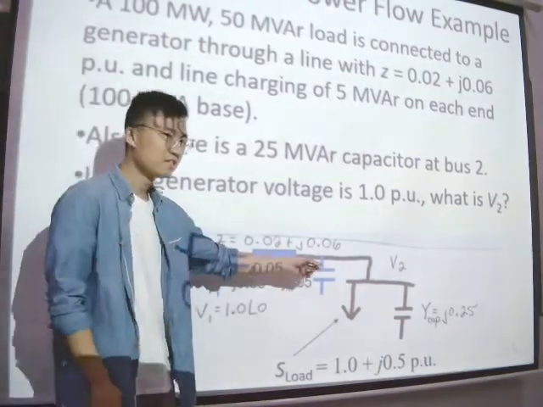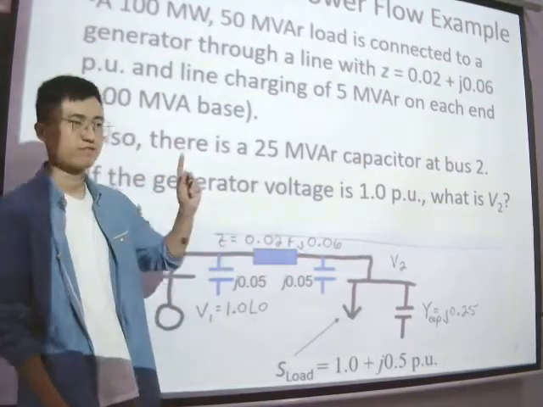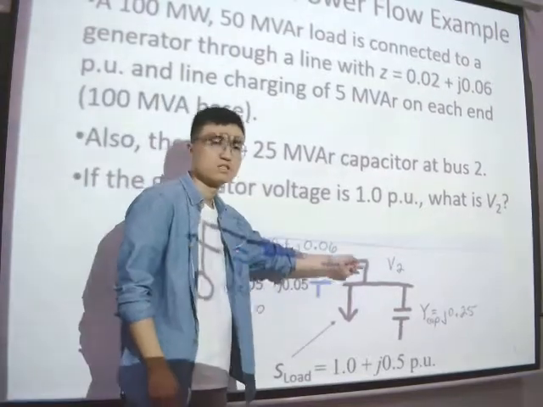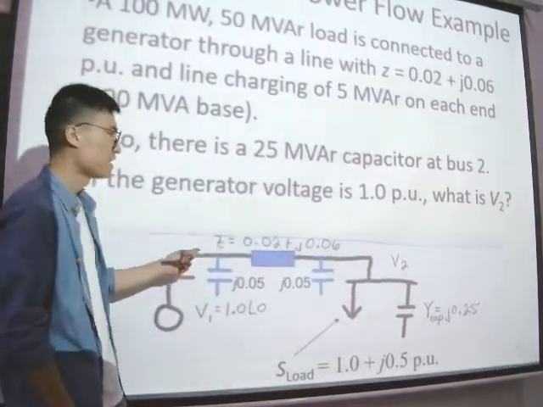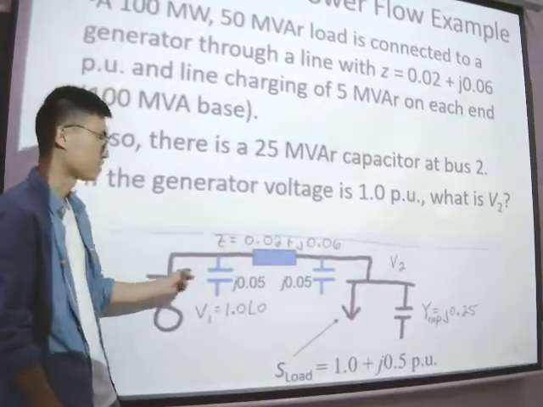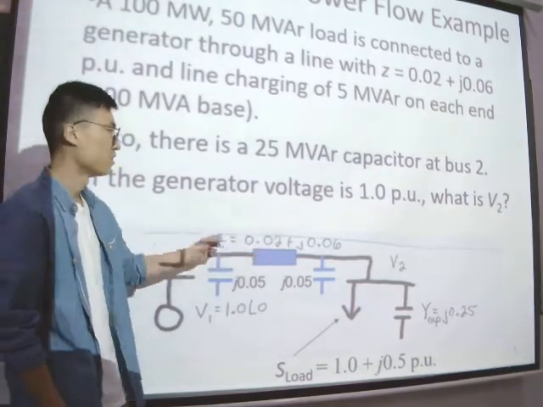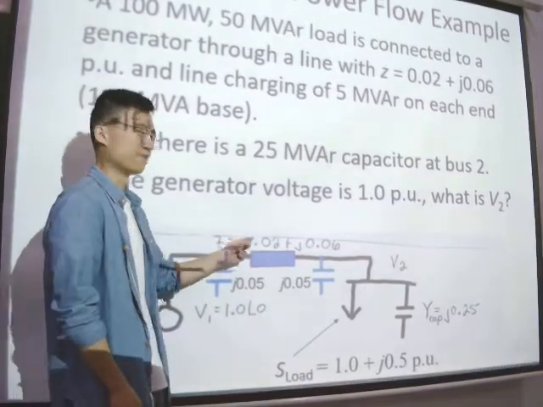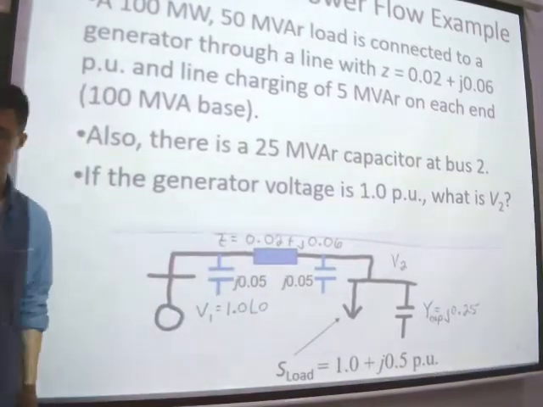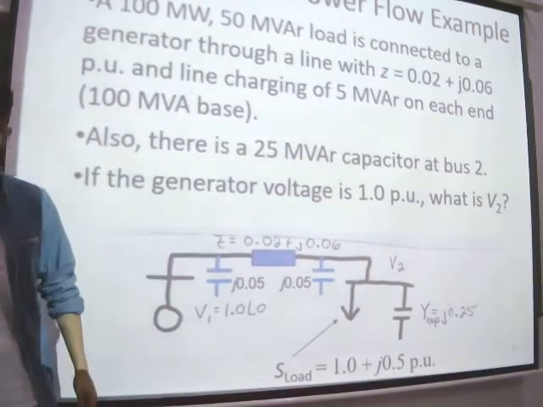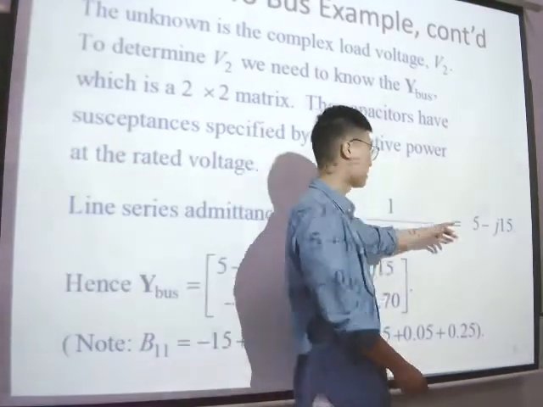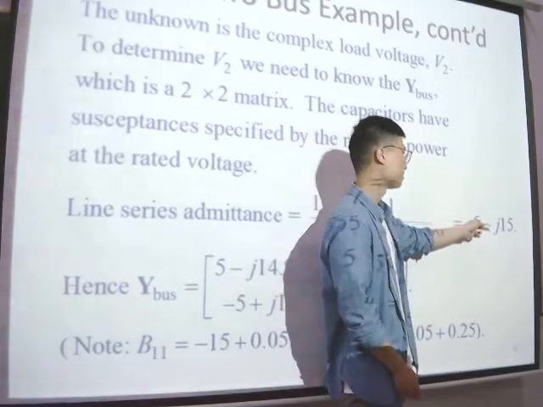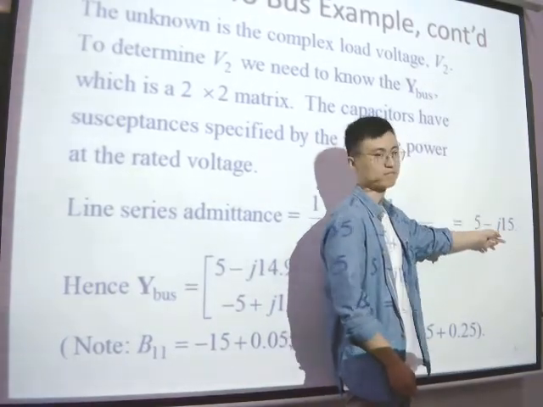It's quite easy to remember: the line admittance of the transmission line connecting the two buses, just take its negative value, minus 5 plus j15.